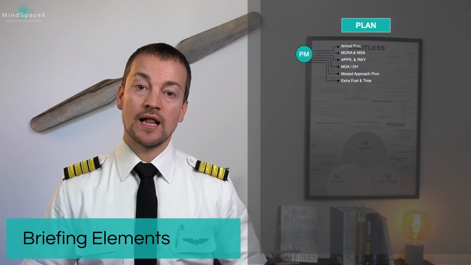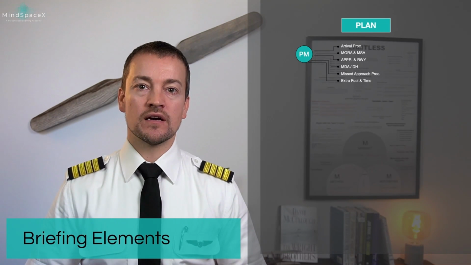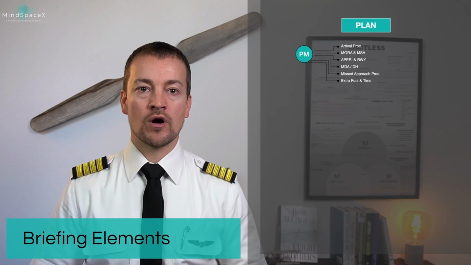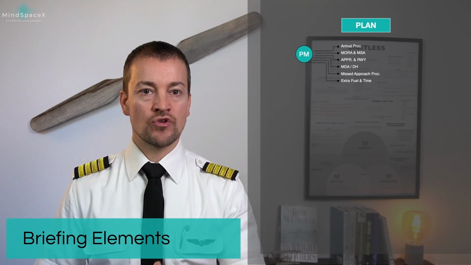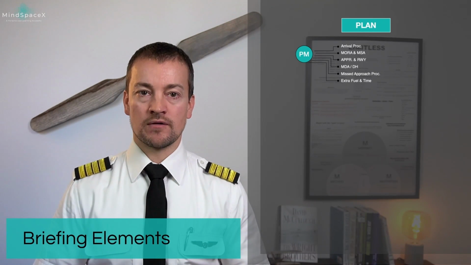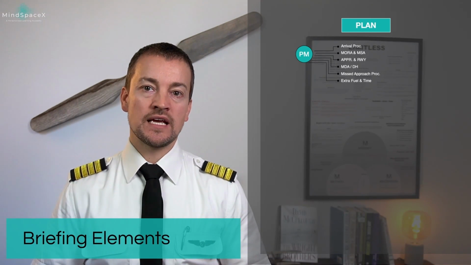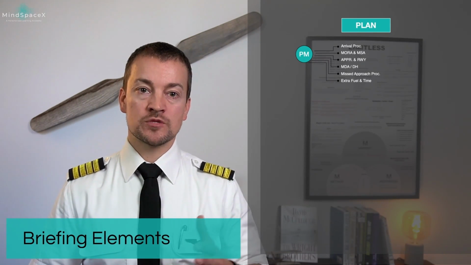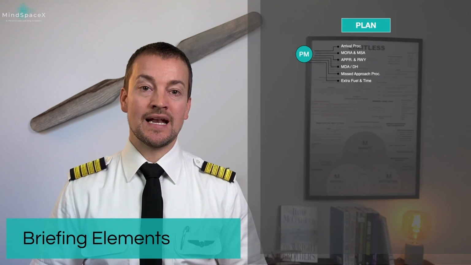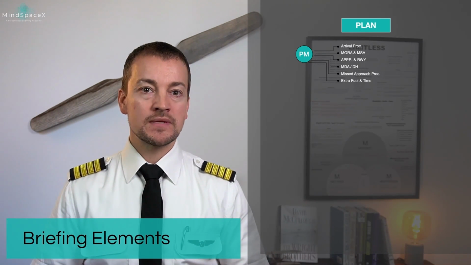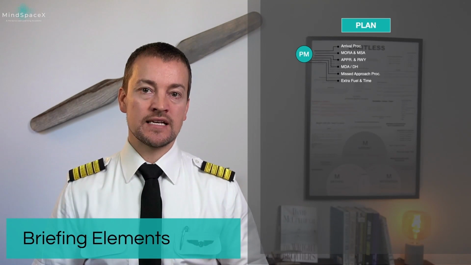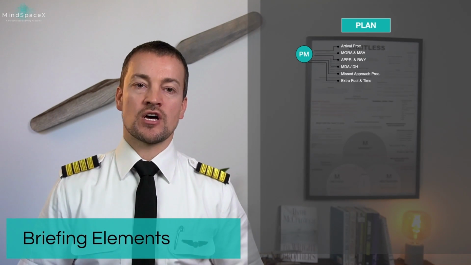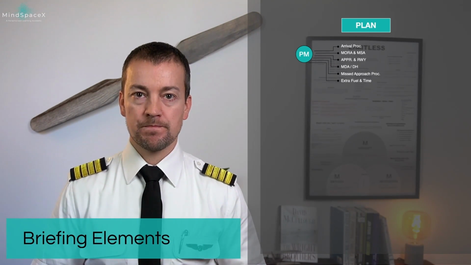He or she will, as the gentleman did in the example here, start with the arrival procedure itself, if you've been cleared for a particular STAR, any constraints, and radar vectors, etc. He will also state the MORA and or MSA, the approach which has been programmed and intended with the landing runway, the minimum descent altitude or decision height as set into the system, the missed approach procedure, and any extra time and fuel available.